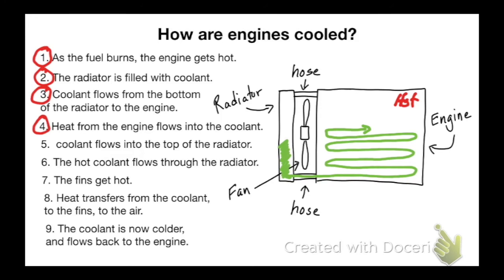Okay, so the coolant gets hot because heat is going into the coolant. So I'm going to change the coolant to a red color now because it's hot now. Okay, and then coolant flows to the top of the radiator. So now my coolant's hot, and it goes into the top of the radiator.